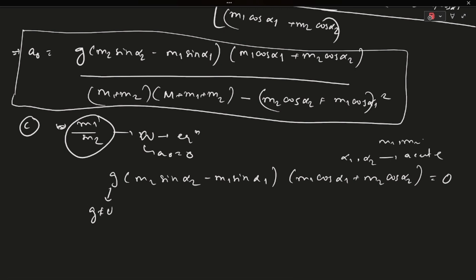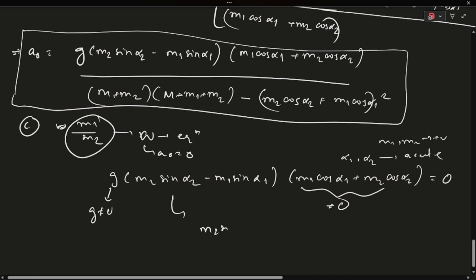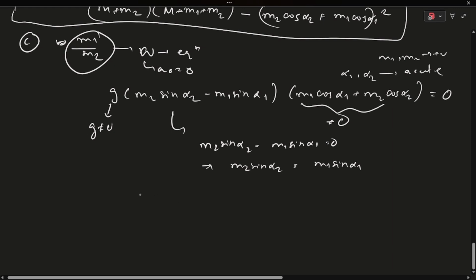M1 and M2 are also positive. So this can't be 0. So here M2 sine alpha 2 minus M1 sine alpha 1 equals 0. So M2 sine alpha 2 equals M1 sine alpha 1. So M2 divided by M1 is basically sine alpha 1 divided by sine alpha 2.